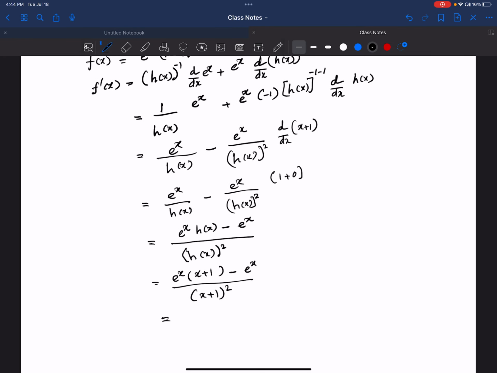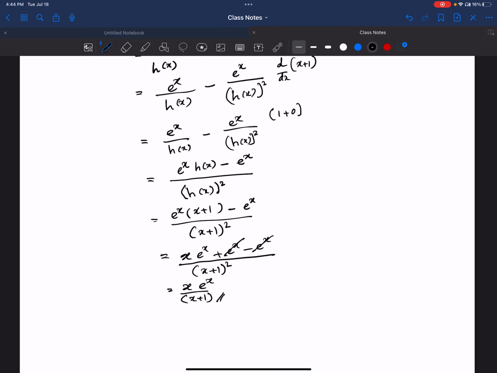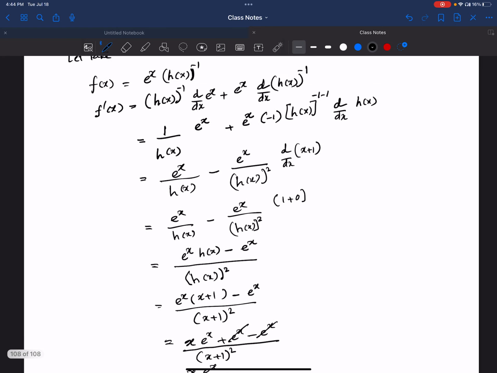So we have x times e to the power x plus e to the power x minus e to the power x divided by x plus 1 squared. So cancel these two. You get x e to the power x divided by x plus 1. So that's how you apply the chain rule and the product rule.